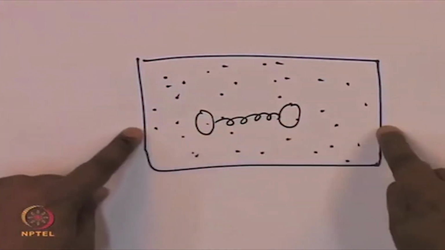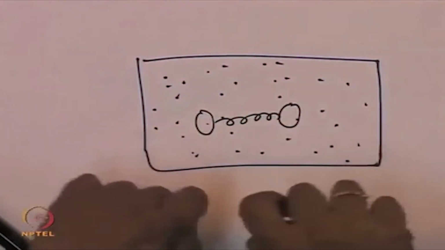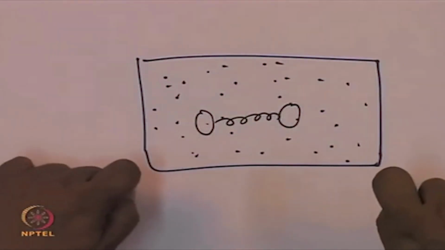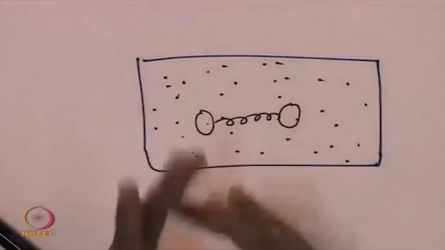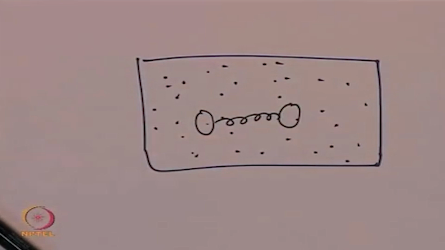It will also resist going away, because spring pulling needs force and spring pushing also needs force. This is the simplest case of a biomolecule, two atoms connected by a spring. This is a model to mimic a biological system, the simplest model we can think of.